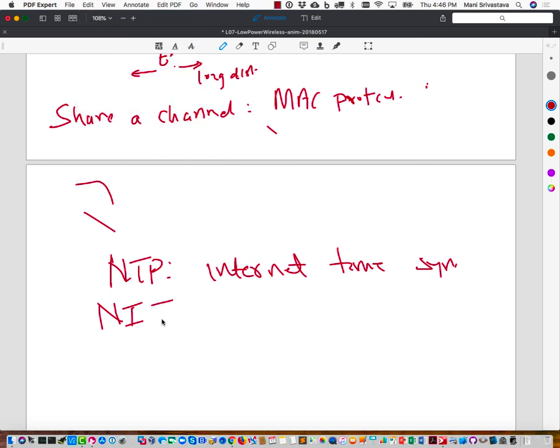NITZ is used in cellular systems, where your phone synchronizes with the carrier company's base station. There is also, for more local area type synchronization, like in factories and all, an IEEE standard called 1588, which gives you much more precise timing.